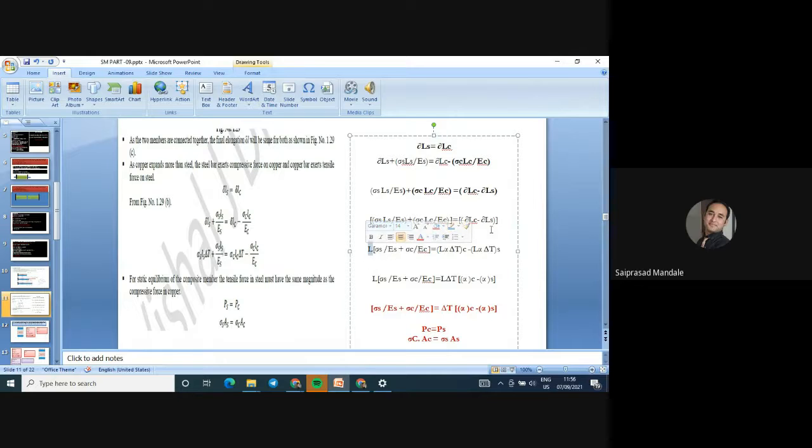And on that side is the expansion due to the temperature, so it is nothing but L alpha T. Delta L is equal to L into alpha into delta T. That is the free expansion due to the temperature difference, so I'm going to replace that term by L into alpha into delta T that we have seen in the previous numericals.